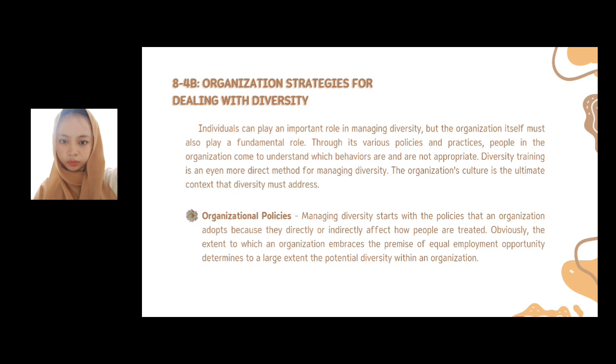Next topic is organization strategies for dealing with diversity. First is organizational policies. Managing diversity starts with the policies that an organization puts in place. These policies directly or indirectly shape how people are treated within the workplace. An organization's commitment to equal employment opportunities significantly affects diversity.